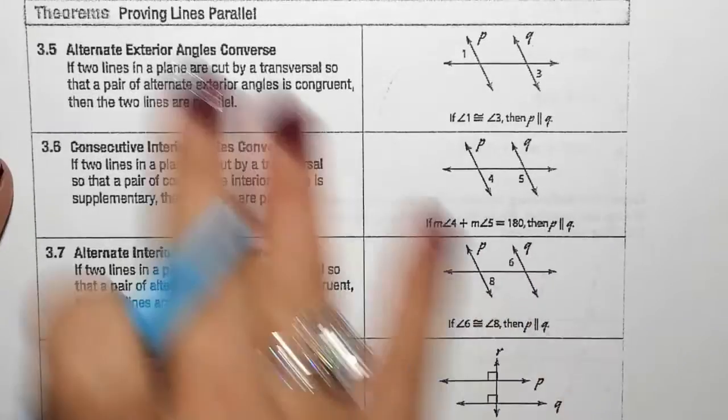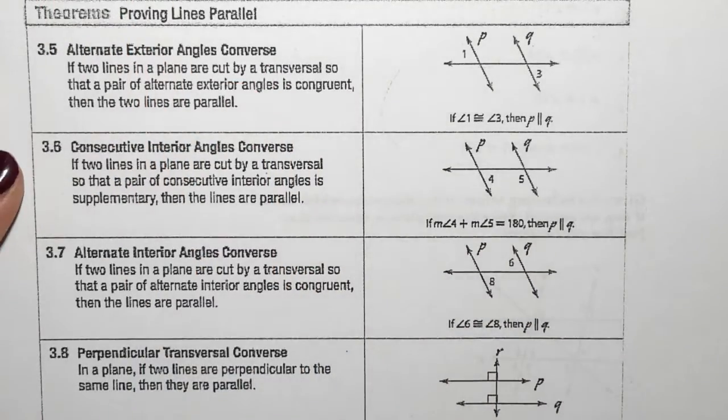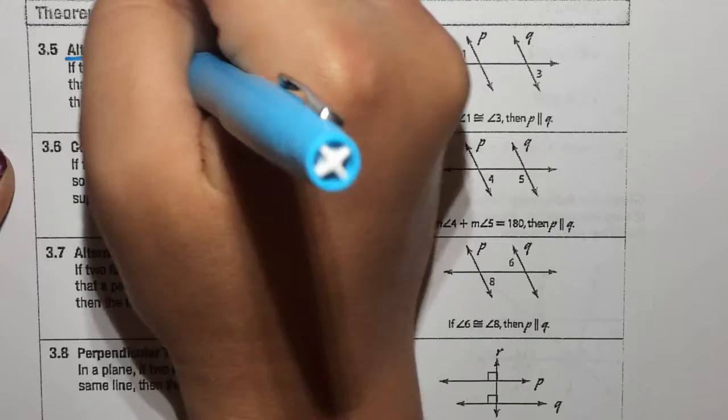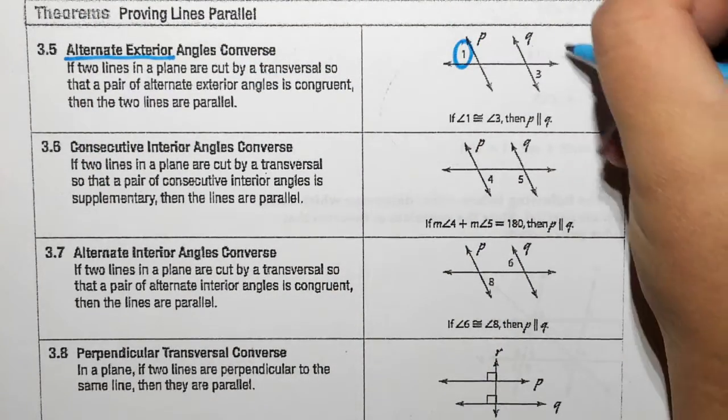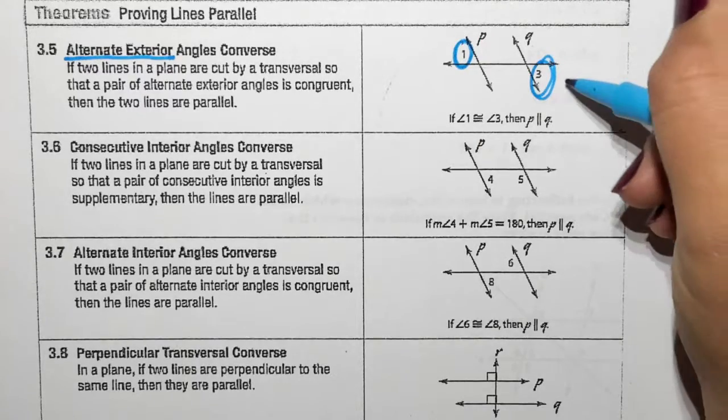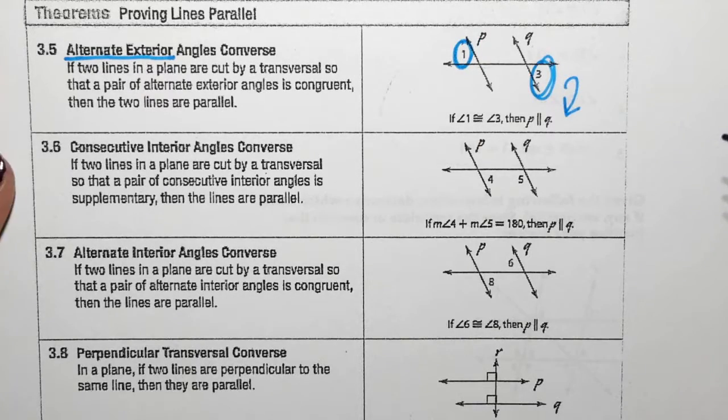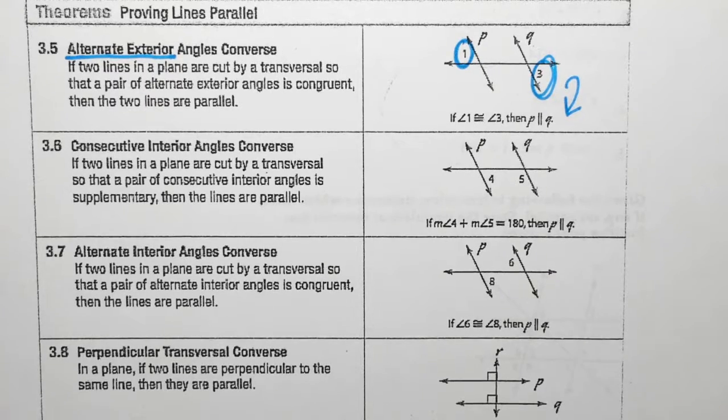Okay, so the next four are not as bad. This looks like a lot of words. Don't freak out. If you have alternate exterior angles, so for example, if angle 1 is congruent to 3, then you can say P is parallel to Q. So it's the same relationship we've been working with the whole time. We're just working backwards.